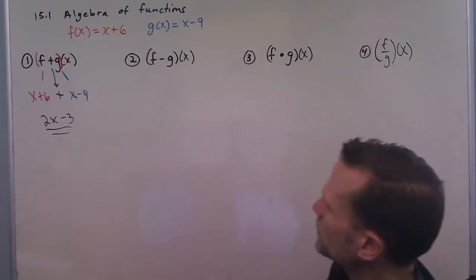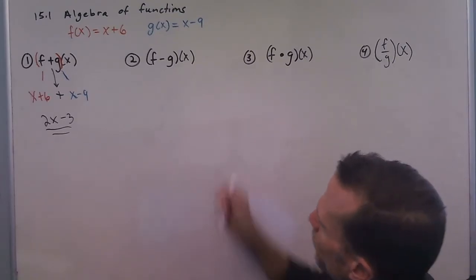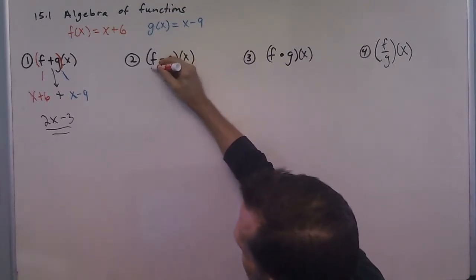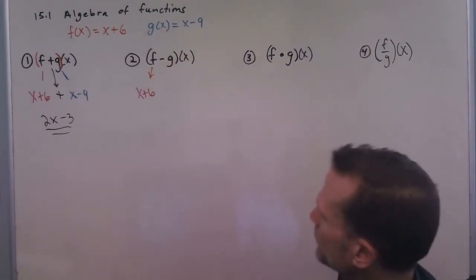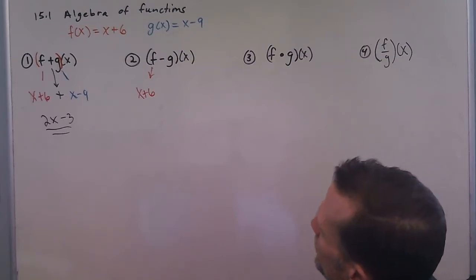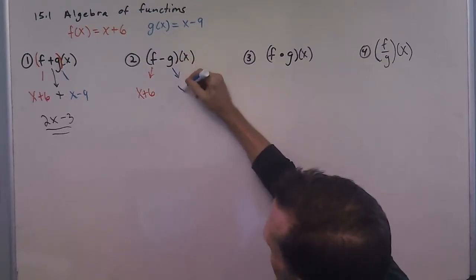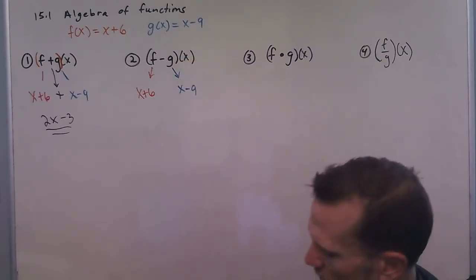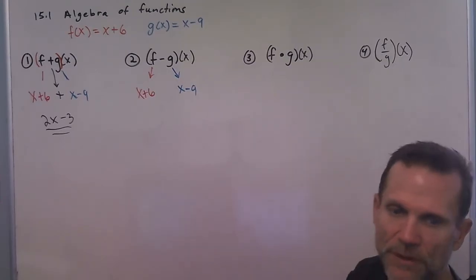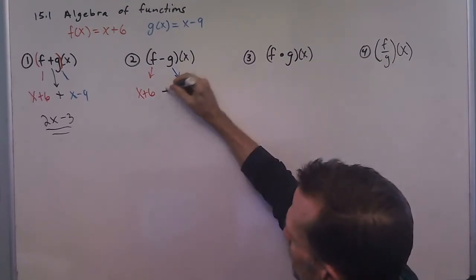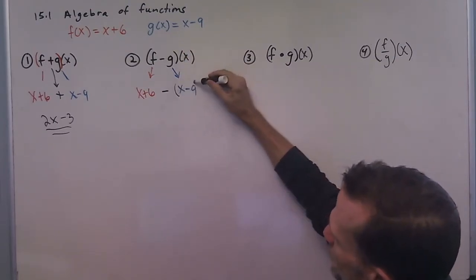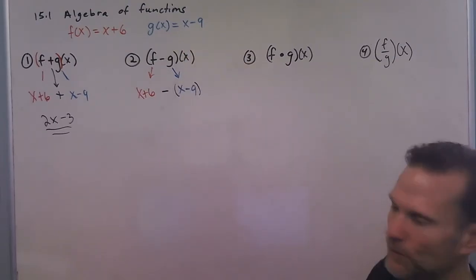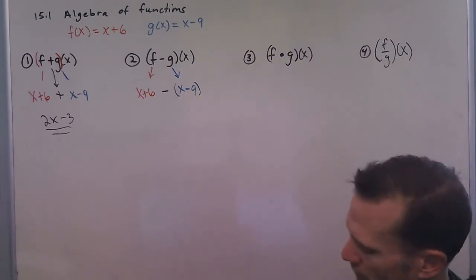Okay. Then this next one here says that we're going to take whatever f is, and the f function is x plus 6, and the g function is x minus 9. And then what we're going to do is subtract those two functions. What we have to be a little careful with on subtraction is that we're subtracting this binomial here, so we want to make sure and distribute that negative.